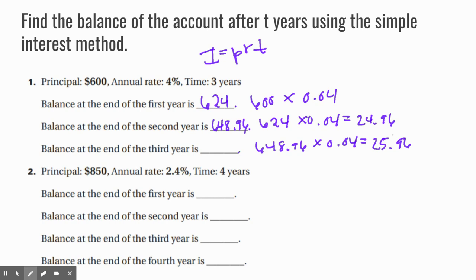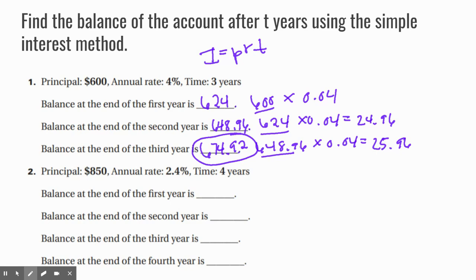So that gets added. So 648.96 plus 25.96. So at the end of the third year, I would have $674.92. So this would be my balance at the end of the 3 years. So every year, your principal is higher, so you earn a little bit more interest. Everyone okay with this? Everyone at home okay? Yes.